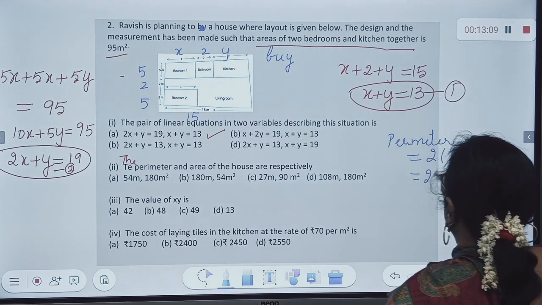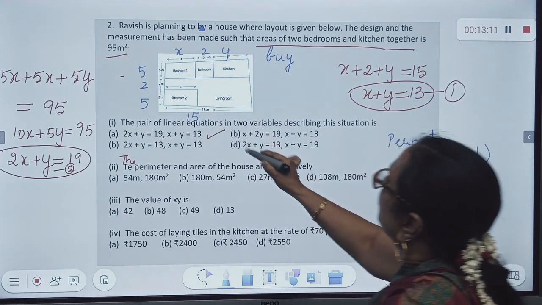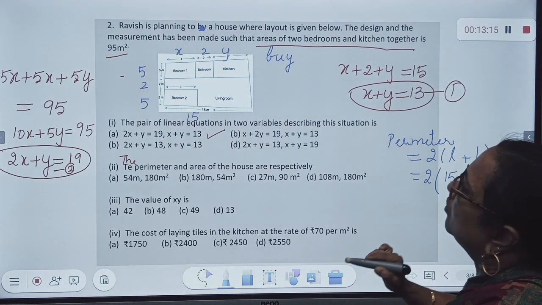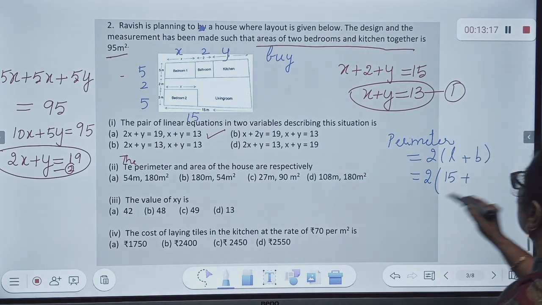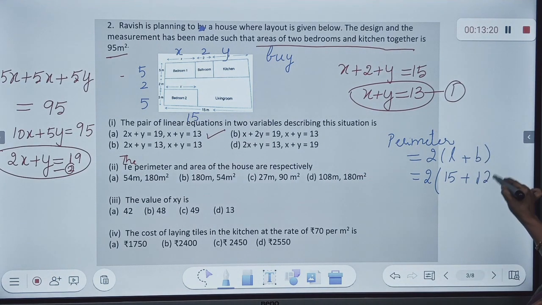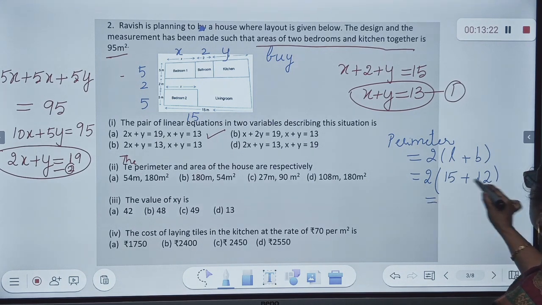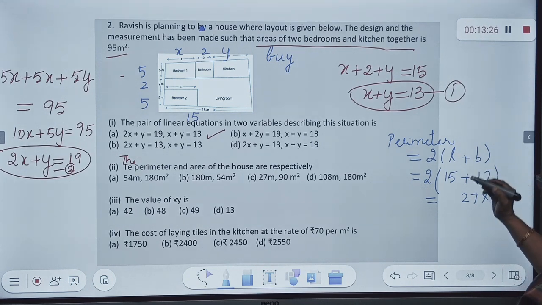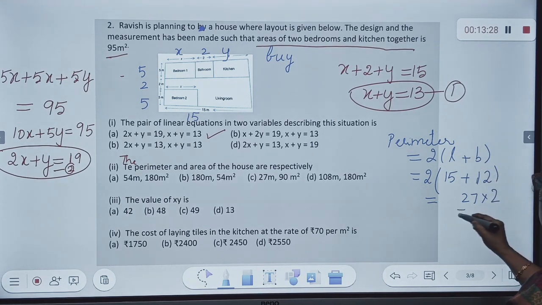What is length now? 15. What is breadth now? 5, 10 plus 2, 12. 27 into 2, 54 meters.